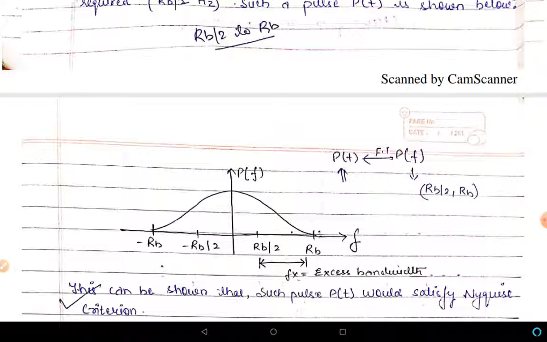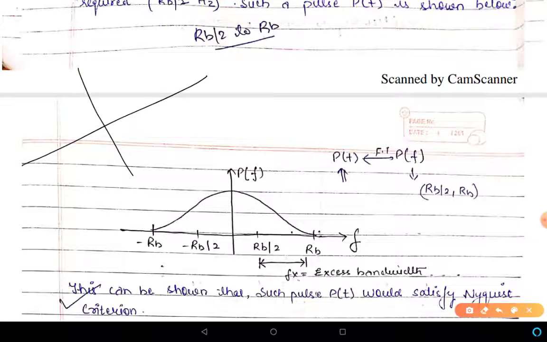The meaning of reducing the side lobe is as good as decaying the pulse before infinity. In Nyquist first criteria, my pulse was varying from minus infinity to plus infinity, and if I want to decrease the side lobe, then the pulse will end before infinity.